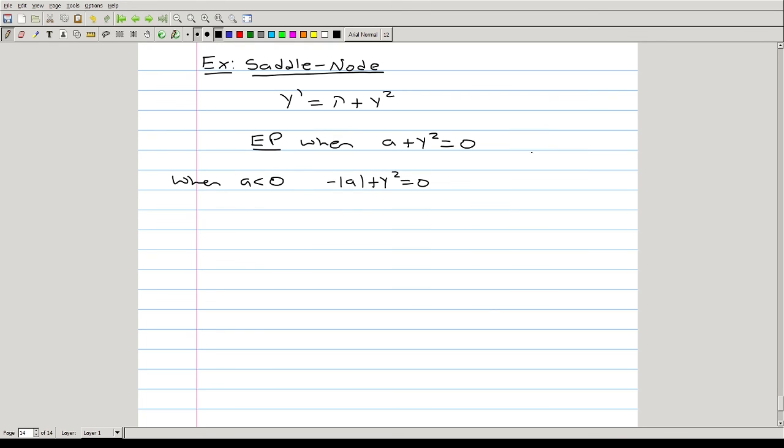And this equation has two solutions. Y is equal to positive the square root of the absolute value of a, and y is equal to negative square root of the absolute value of a. So there are two equilibrium points when lambda is negative, sorry, not a.